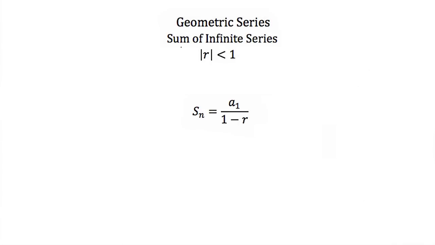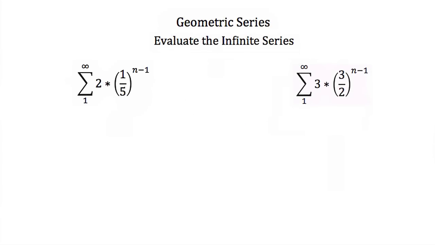Now say we know that our infinite series has an absolute value of r less than 1, which means this is going to converge at an answer. If we wanted to find that sum, then we could use this formula. The sum is equal to our first term divided by 1 minus our common ratio. So that's an easy formula. Let's try using it.